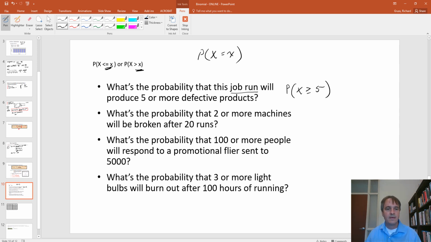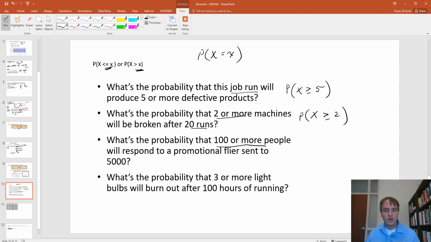And what's the probability that 2 or more machines will be broken after 20 runs? So once again, we're looking at the probability that x is going to be greater than or equal to 2. And the probability that 100 or more people will respond to a promotional flyer sent to 5,000.